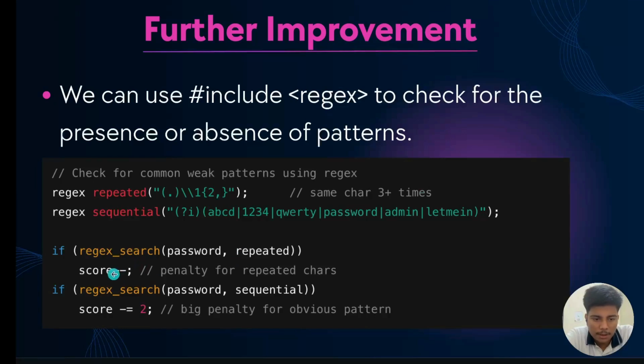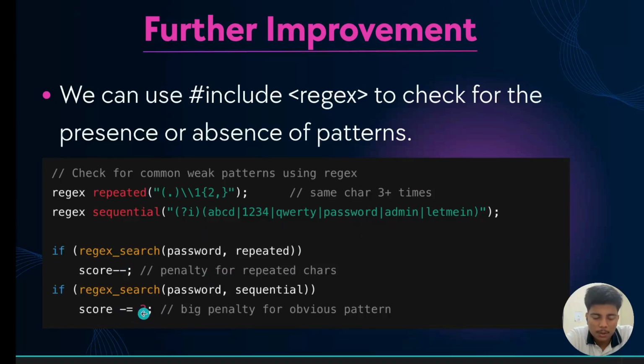If these are repeated, then the score will be reduced, for example, from 4 to 3. It will also look for sequences like A, B, C, D, 1, 2, 3, 4, Q, W, E, R, T, etc. Again, if sequences are present, then it will reduce the score by 2.